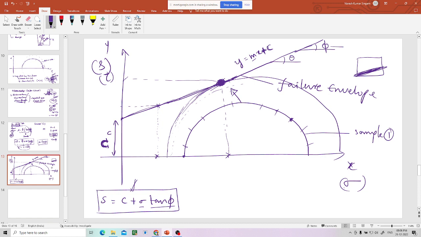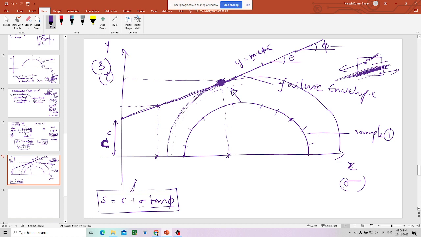That means the soil will move down on one side and up on the other, so along this plane the failure will happen. So at failure, the Mohr circle will touch the failure envelope at one point. The state of the sample is denoted by the Mohr circle. If that is well below the failure envelope, that is a safe condition.